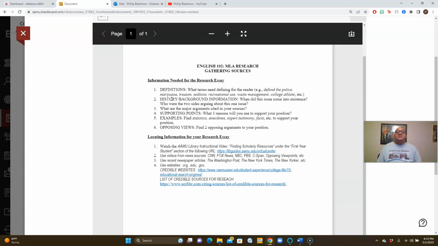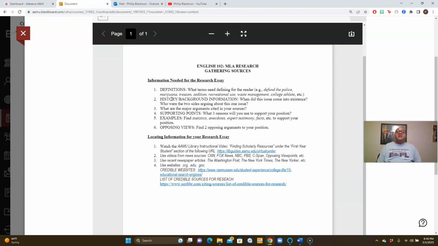And when I say terms, remember that not only do you have the main term to be defined, but there can also be other terminology in your discussion, in your readings, that you may want to say, hey, my reader may not know what this term means. Let me make sure that I give a list of definitions so that my reader clearly understands the term, and therefore the reader can understand exactly what it is I'm going to talk about.